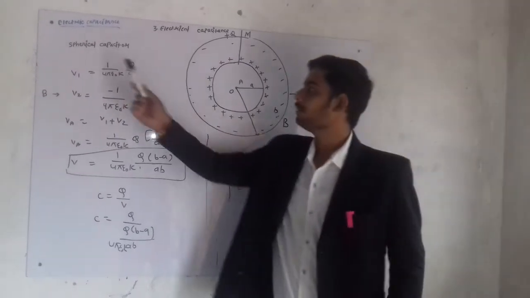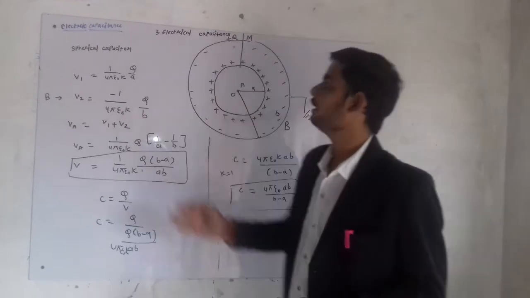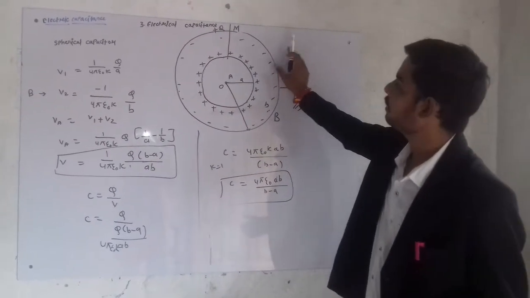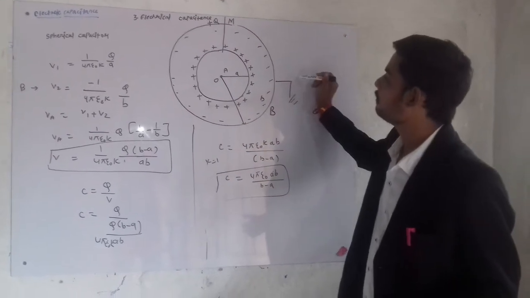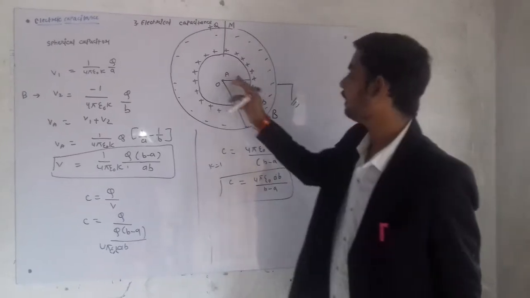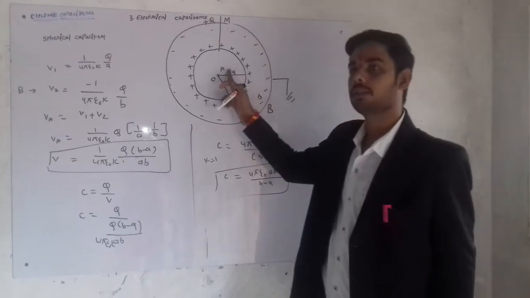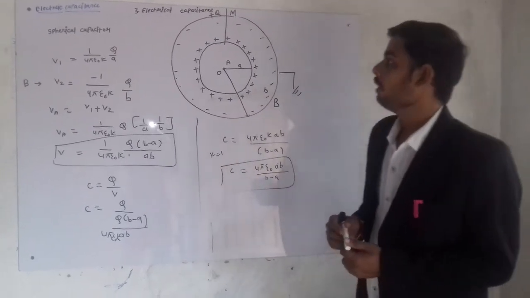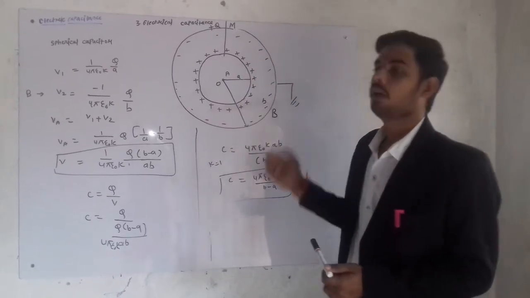Now we will study the spherical capacitor. We will determine the capacitance of a spherical capacitor. We can see in the diagram two concentric hollow spheres. Sphere A is named capital A, and sphere B is capital B. The radius of sphere A is small a and of B is small b. We have potentials V1 and V2.